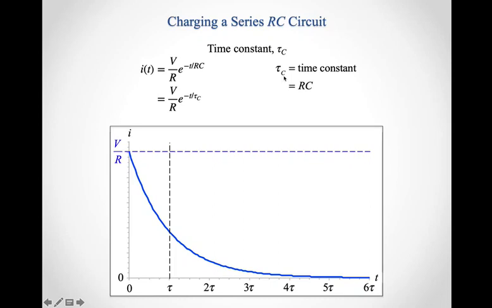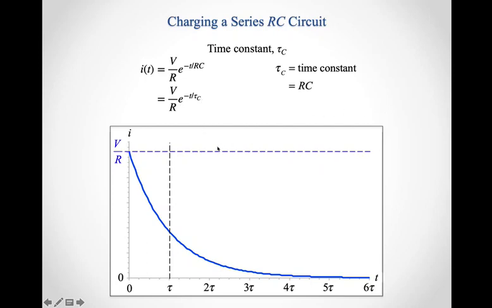We'll sometimes use the subscript C. If I define the time constant as equal to RC, what I can do is plug that in, and so I get that the current as a function of time is equal to V over R times e to the minus t over tau. That means that there is this special point in time where I look at the time equal to tau, so a time of one time constant. So this becomes e to the negative 1, and that will tell me interesting information about what's going on with the circuit.